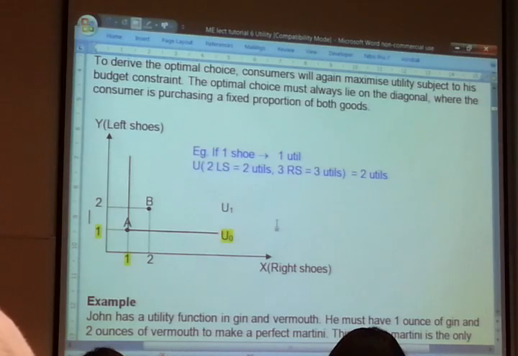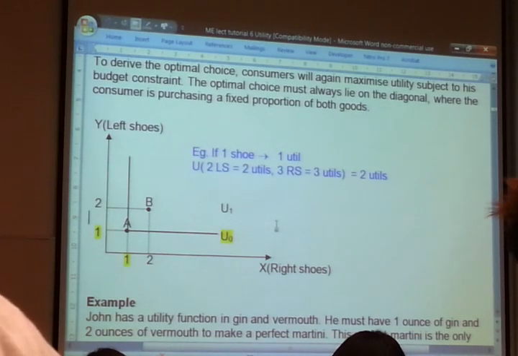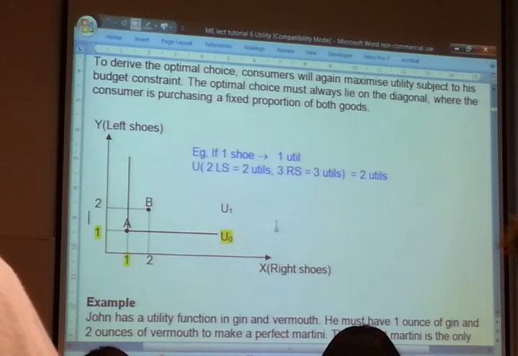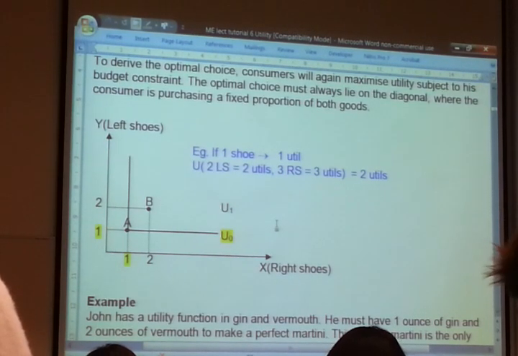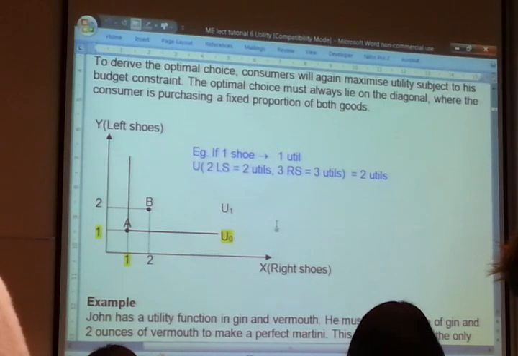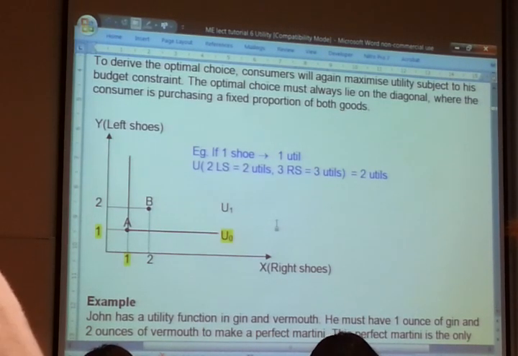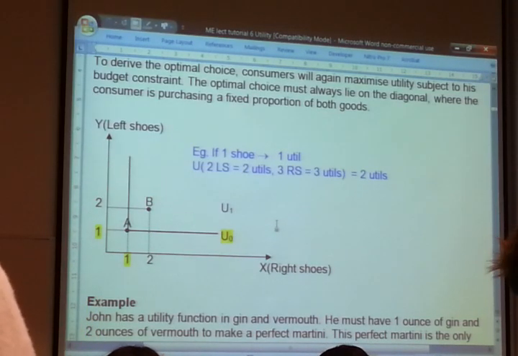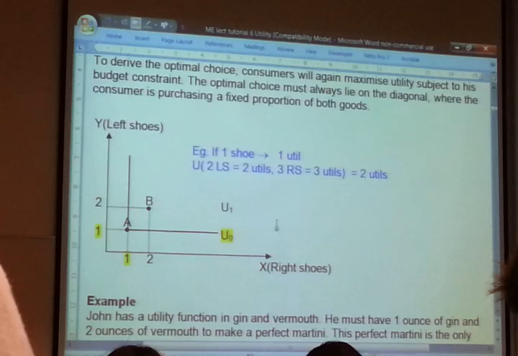Because, like I said before, if you only have one right shoe, having more than one left shoe, what are they doing? Doing nothing, you have to carry them in your hand. Luckily your utility doesn't drop. Okay, so we assume you have a lot of hands. So utility is still U naught, that's why it's still a straight line. So you understand why now, for complements, the utility curve is L-shaped.